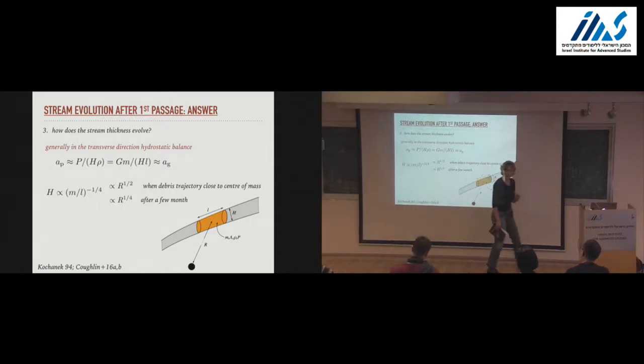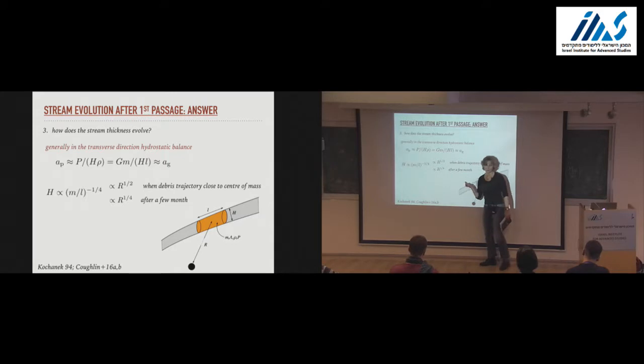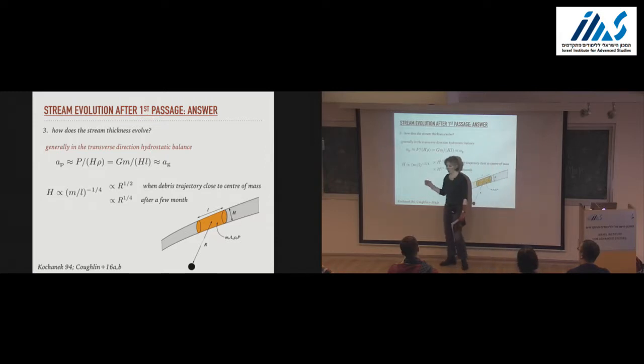So the bottom line is, is H increasing? Is the stream getting thicker or not? And how will you define getting thicker? If H over R is equal... that would be the expectation.